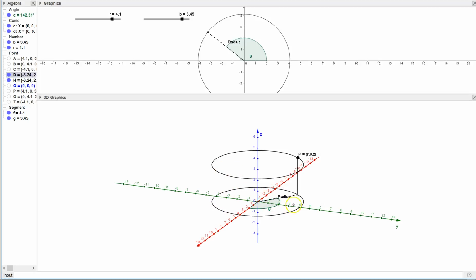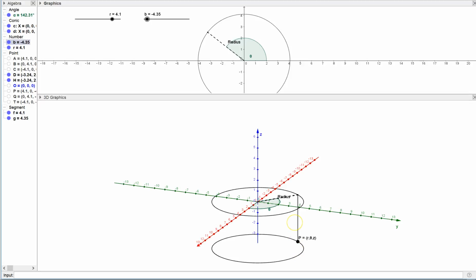The base of the cylinder is right here on the xy plane. And depending on where z is, z could be negative and down there, if you extend that up to the point, we've created basically a cylinder. Hence the name cylindrical coordinates. You can think of a cylinder where our point is contained on the edge of one of the bases, and the other base is on the xy plane.